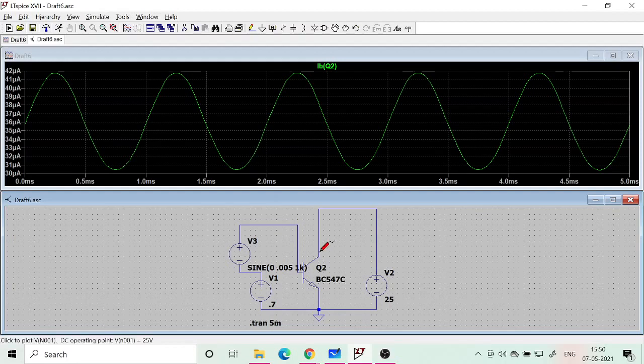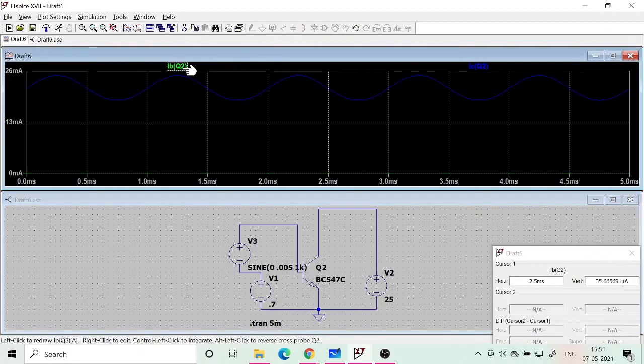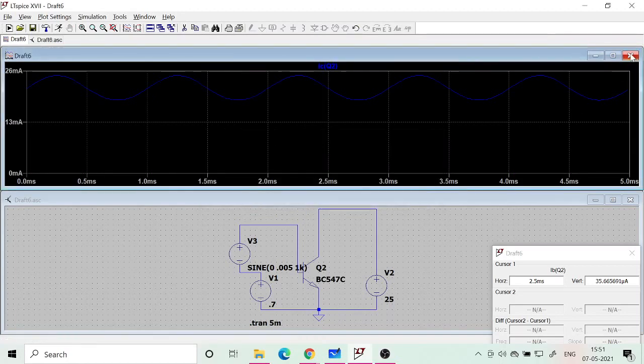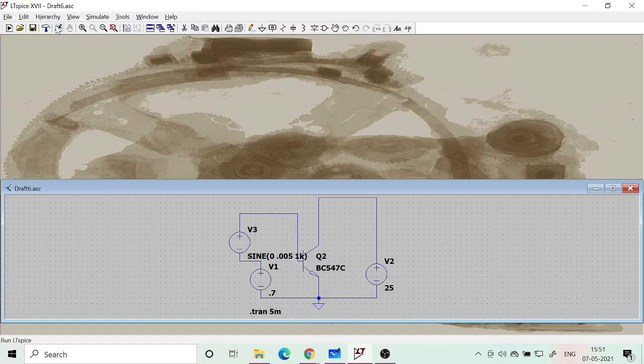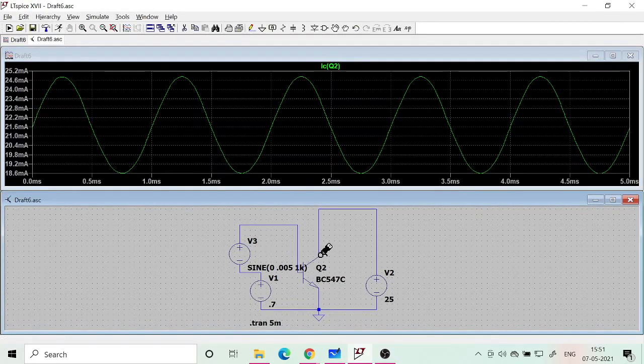And then you plot the IC. Maybe you can remove this. Okay, so let's rerun it and plot IC. So earlier we had a delta IB of 11 microampere. Right now, if you roughly take, this is 18.5 and this is 25 roughly.